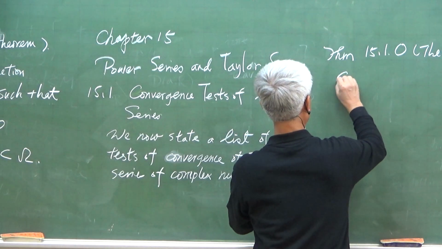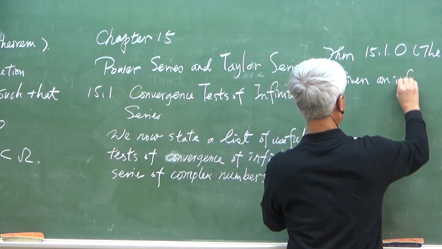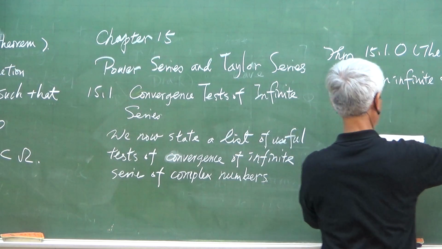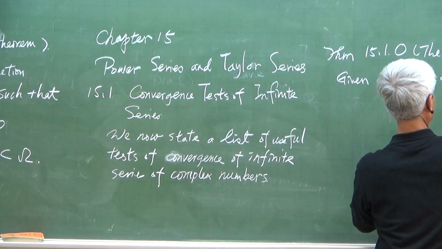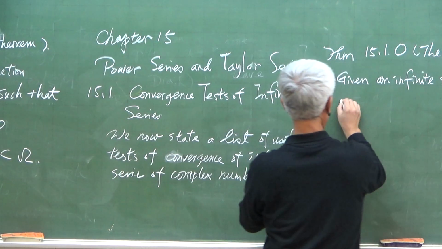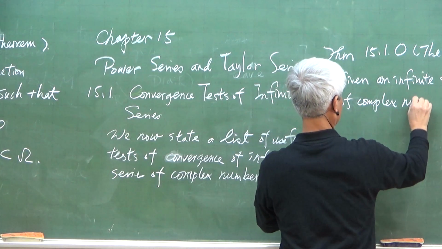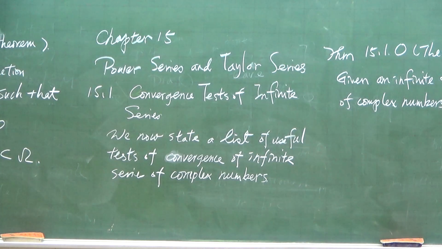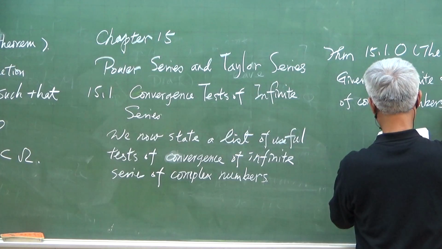Now, suppose we are given an infinite series, the sum from 1 to infinity of c_n, where the c_n are complex numbers.